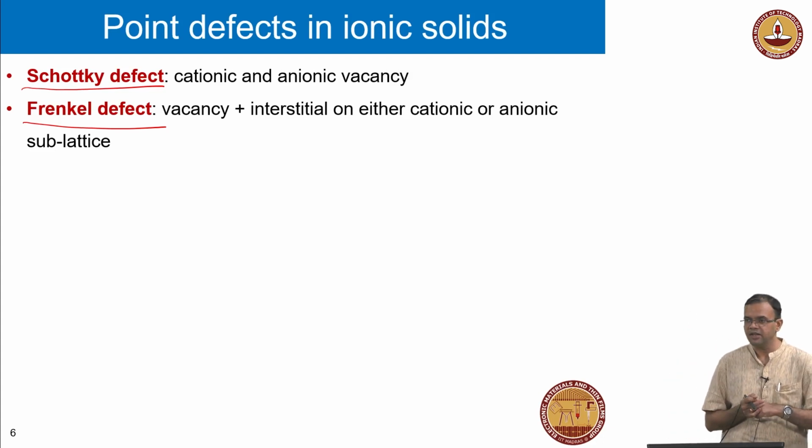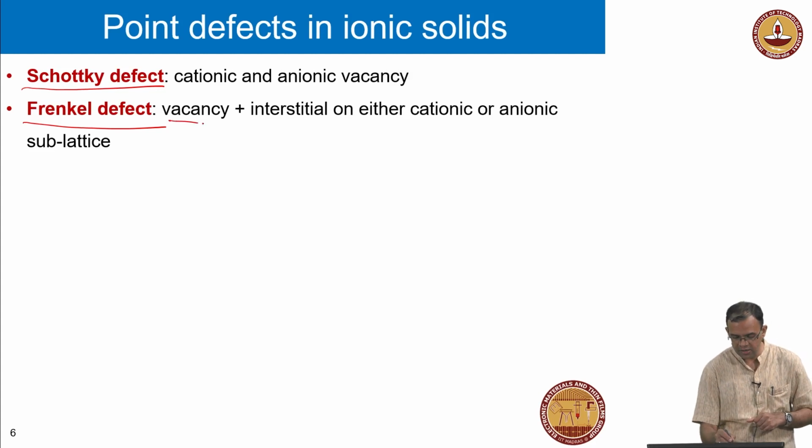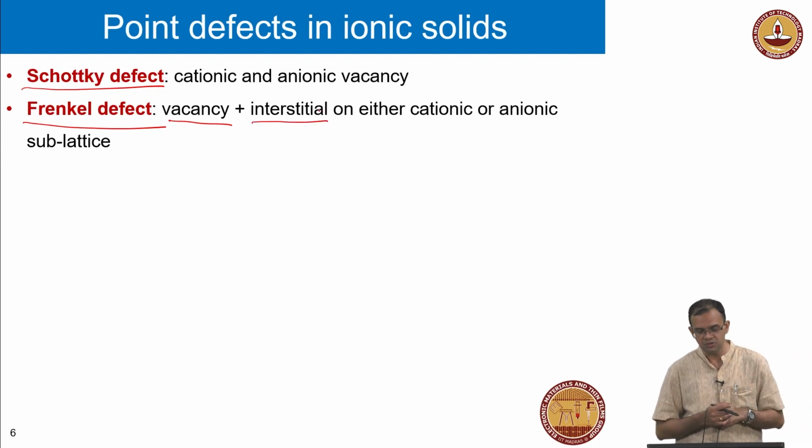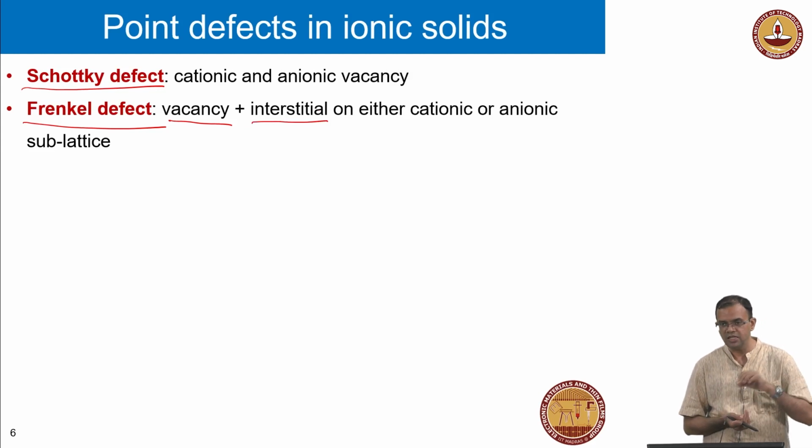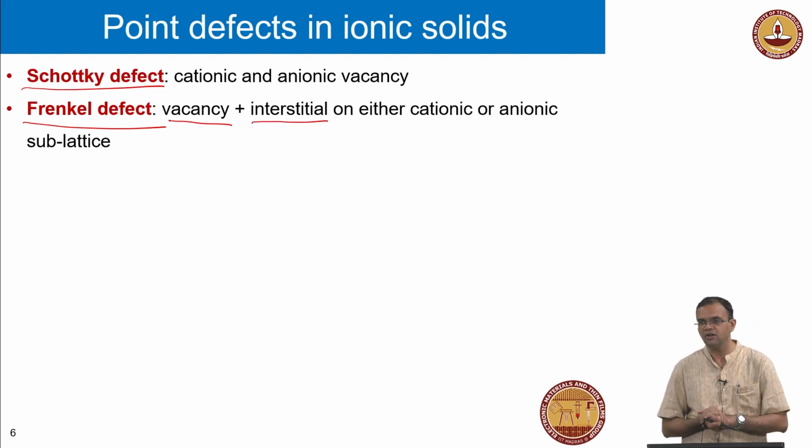In the case of a Frenkel defect, you have a vacancy and the ion that is removed goes into an interstitial position. So you have a vacancy plus an interstitial on either the cationic or the anionic sublattice, and again that ensures that you have charge neutrality.